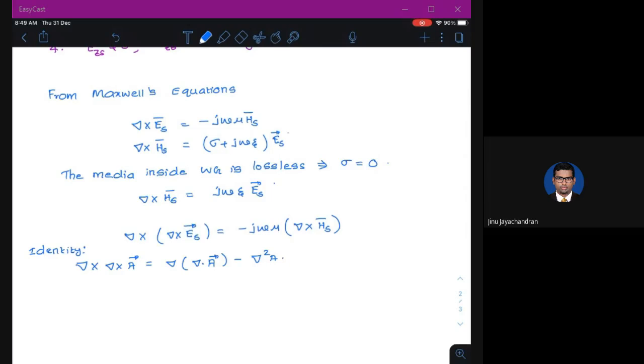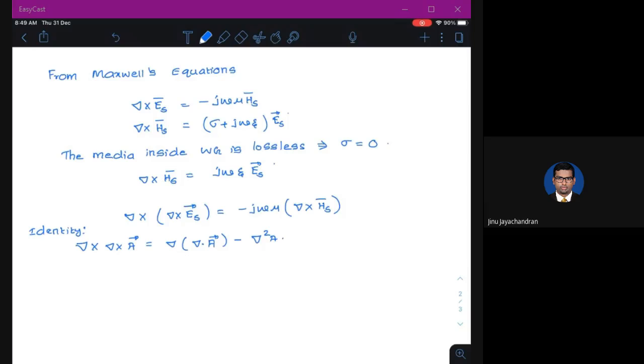If you compare these two equations, you can say that your A is actually Es. So I can write del cross del cross Es is equal to del into del dot Es minus del square Es, is equal to your right hand side, minus j omega mu into del cross Hs.